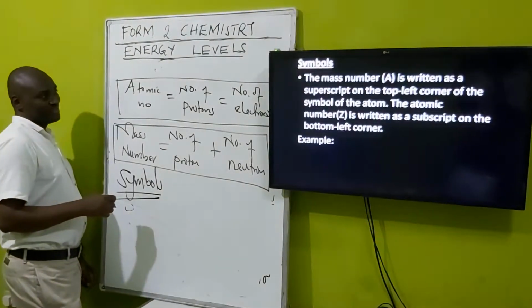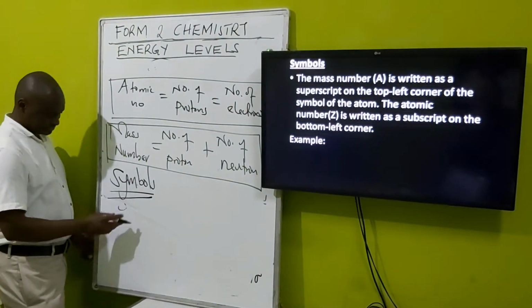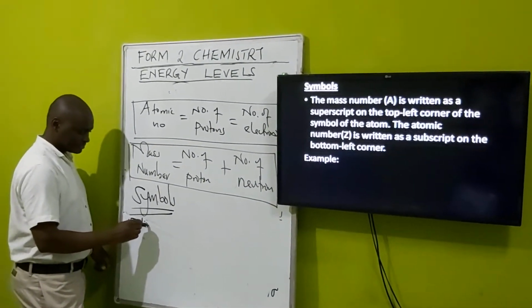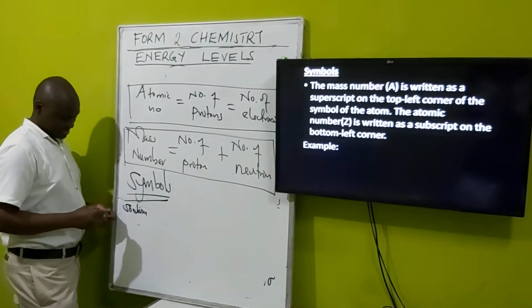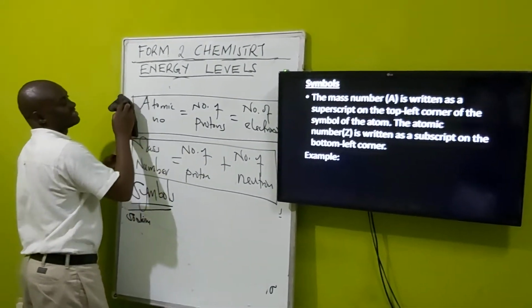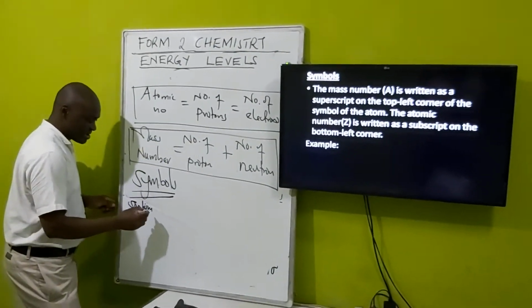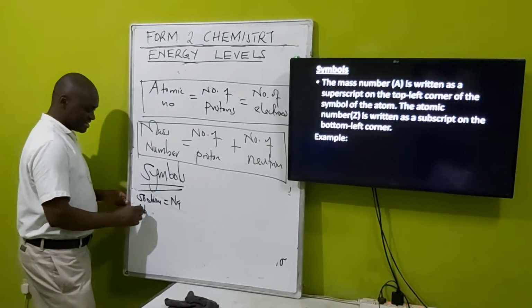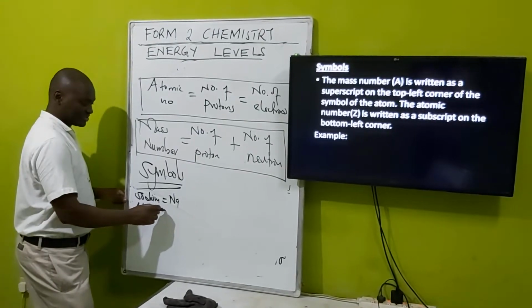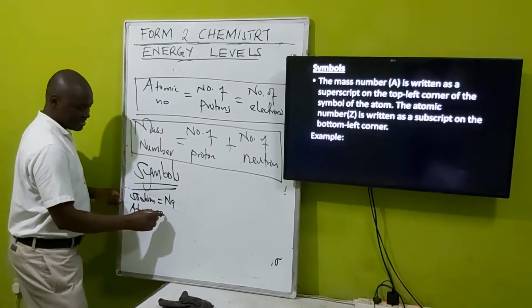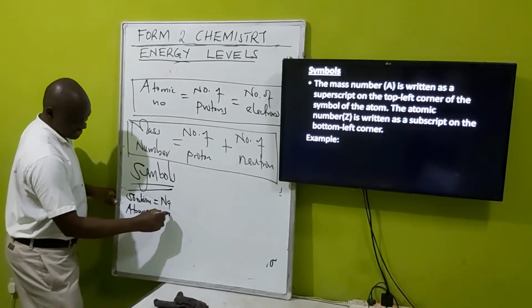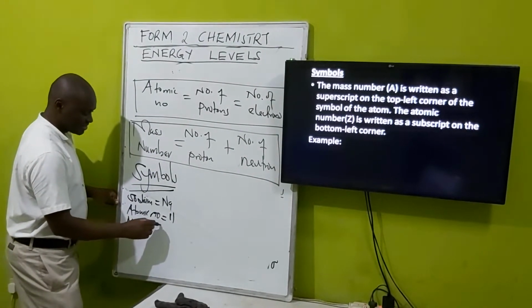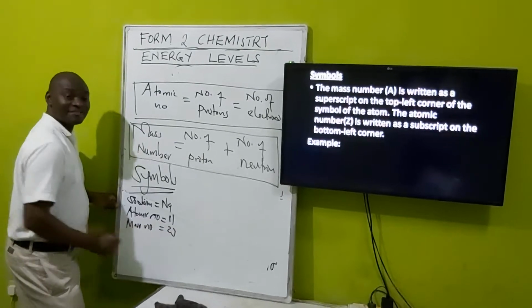For example, we have sodium. The symbol for sodium is Na. Atomic number of sodium is 11. Mass number of sodium is 23.